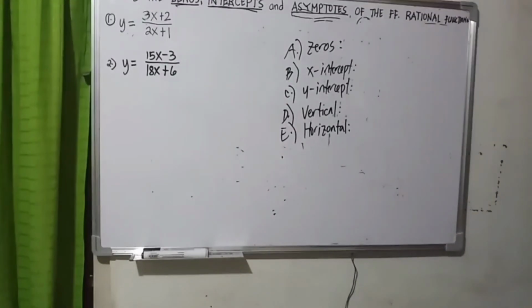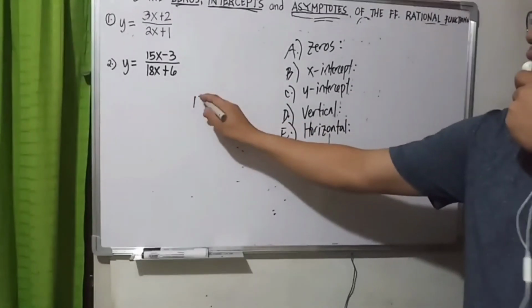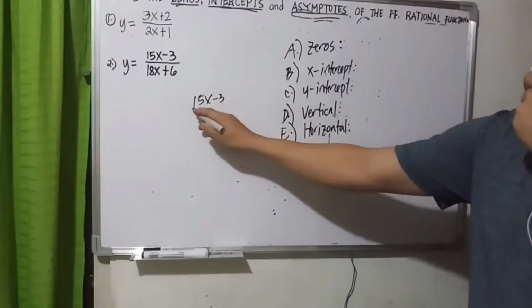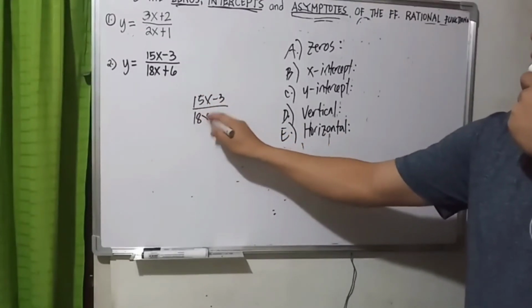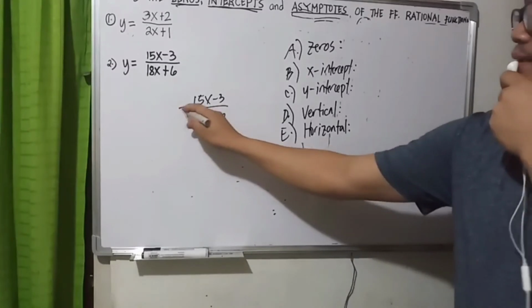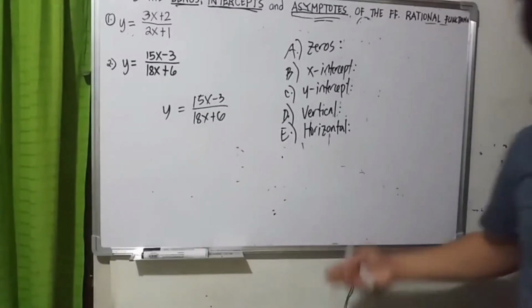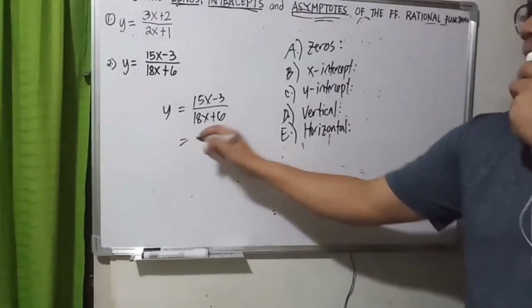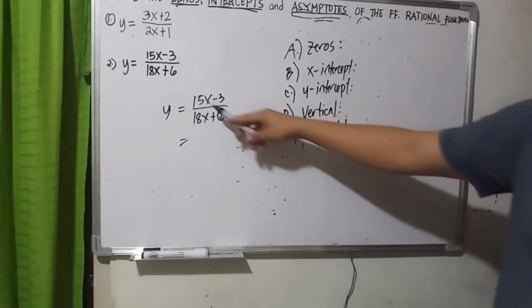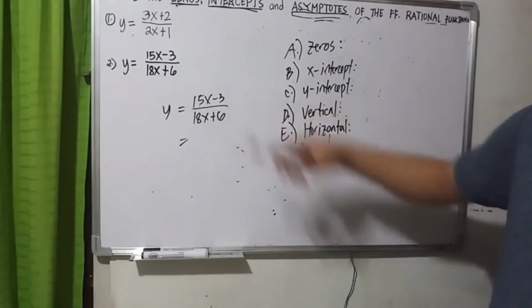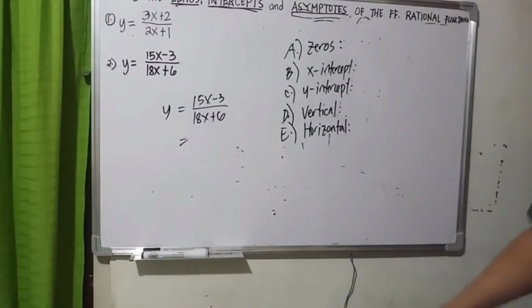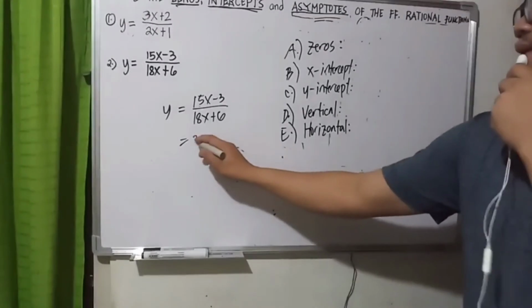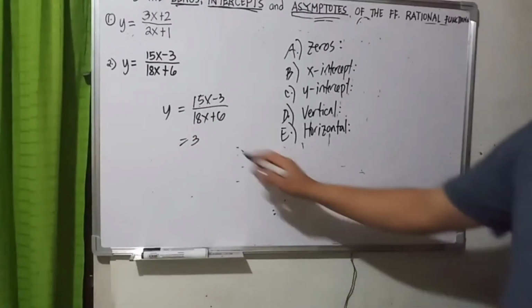Okay, number 2. Tingnan natin. Yung given na number 2 is 15x minus 3 over 18x plus 6. Pwede pa ma-reduce to lowest term or ma-simplify natin ito. So, ano yung factor ng numerator? Ang 15 is divisible by 3 and ang 3 is divisible by 3. Palabas natin yung common, that is 3.